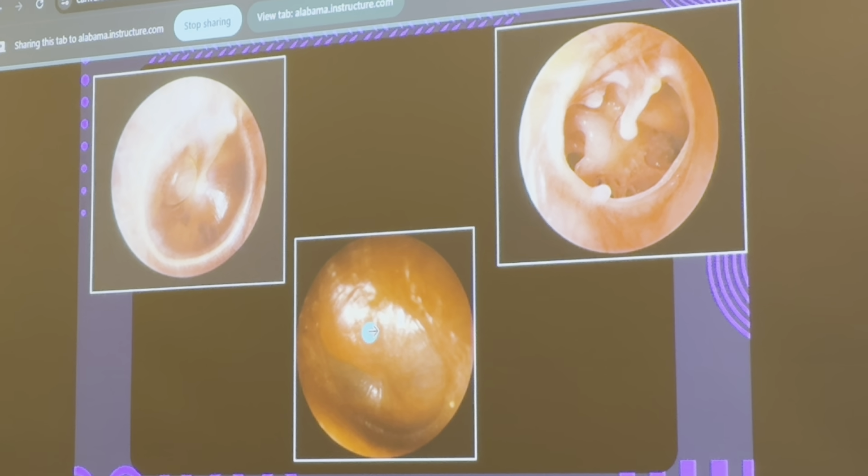I have a nice bulging tympanic membrane right here. It's real swollen. And this one is the perforated one. We don't see it at all. We can actually see past it and see some of the bony structures of that middle ear. So that's a pretty serious ear infection right there. You can even develop some permanent hearing loss from that as well.